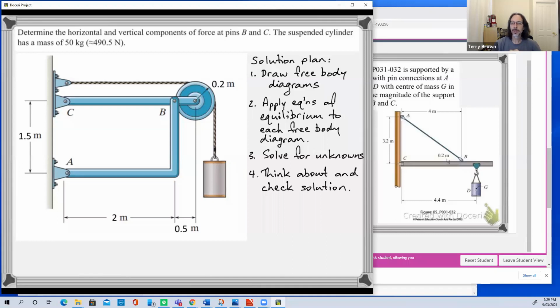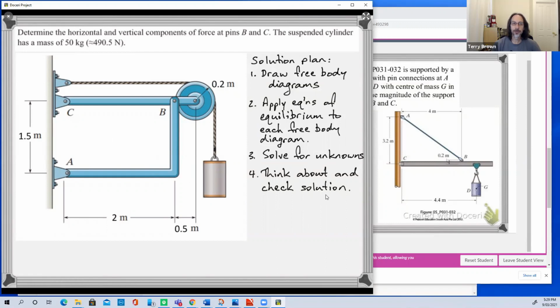AB, yeah, okay. Any other options? CA. CA, okay, I'm not sure exactly what you mean by that. You mean just draw this whole thing as a free body?